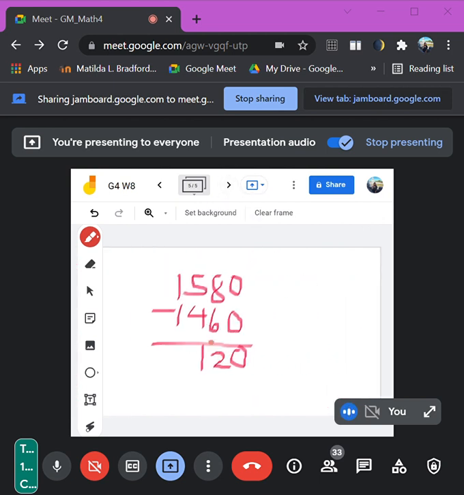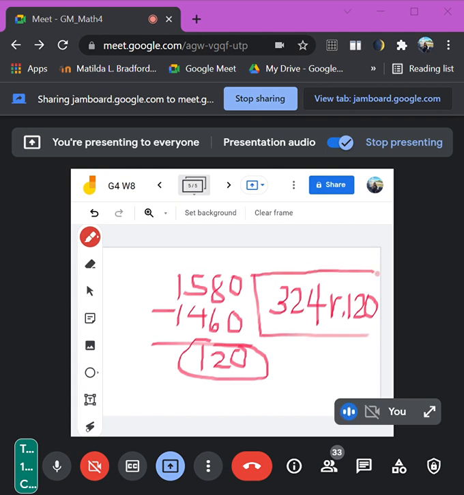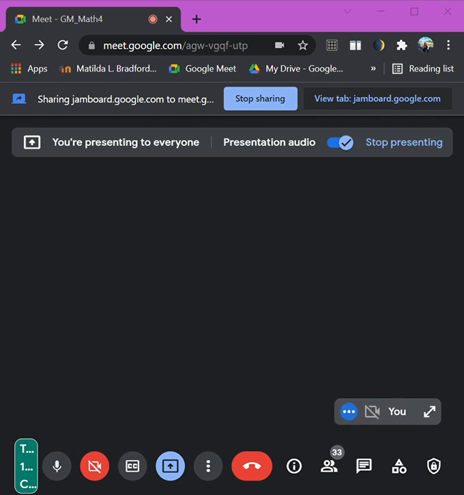Remainder niya is 120. So your answer is 324, remainder 120. So that is now, mao ni ilahang the number or the money they spend in a day.